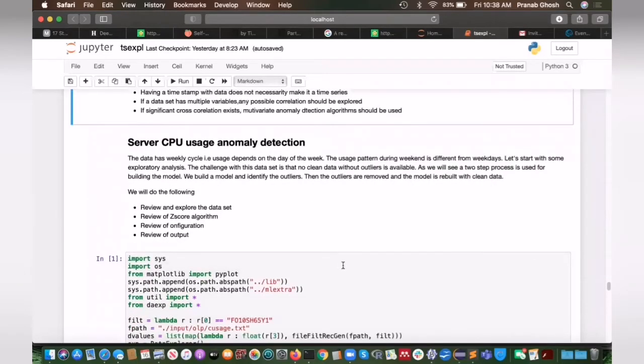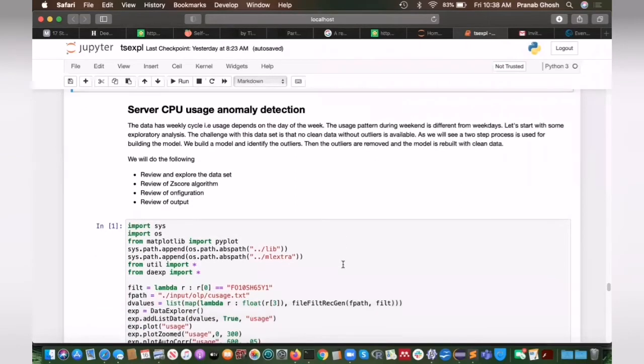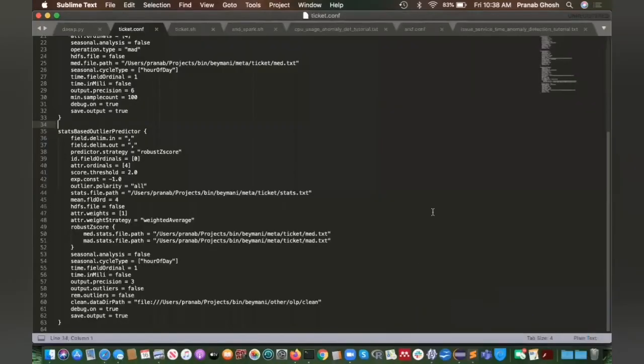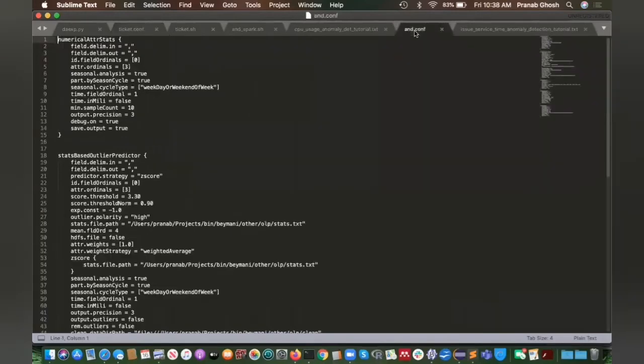Now for the second one, let's take a quick look at the configuration. For the z-score, we need the mean and standard deviation.